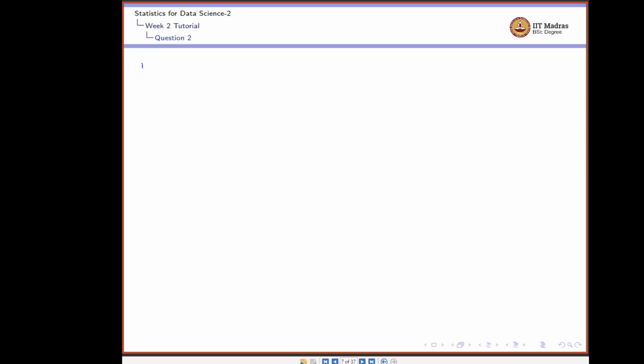So first thing that we will do is find the range of x plus y. x is taking the value in {0, 1, 4, 5} and y is taking the value in {0, 2, 8, 10}.